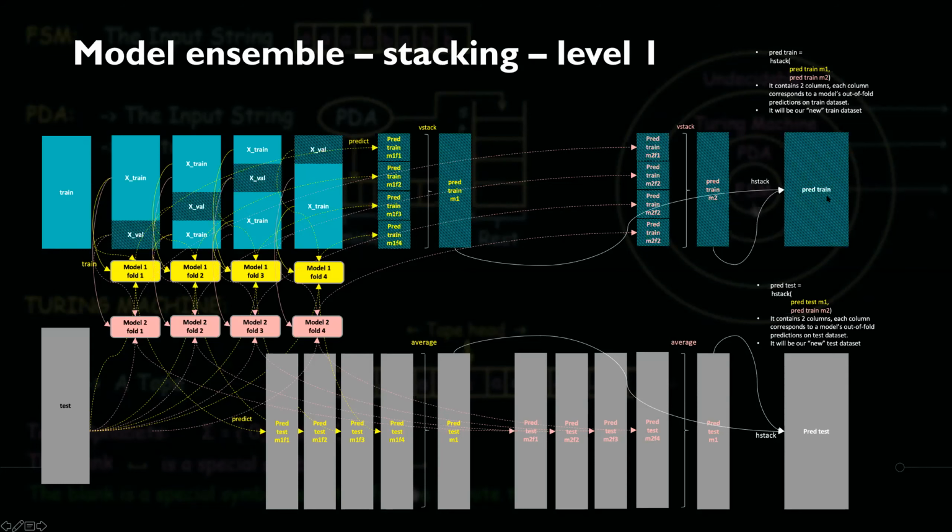We can then train our stacking model. So make sense? I would just pause here for a little moment for everybody to read through the process and make sure you understand this process. If you have other questions, feel free to raise your hand, and I would be more than happy to address that.